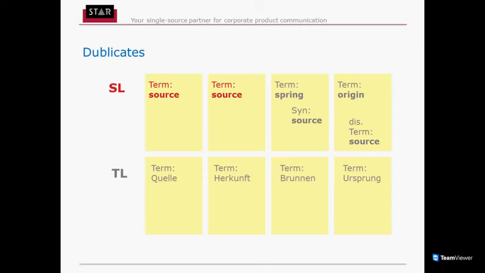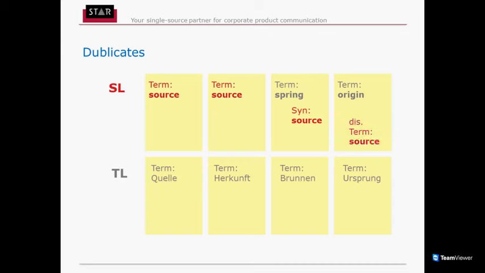But in addition to this, Transit goes a step further. It also looks up sub-entries in our main entries. So we have as a source term, we have spring, but the synonym is source. So since a synonym is equivalent to a term, Transit also checks here. So this is seen as a duplicate.